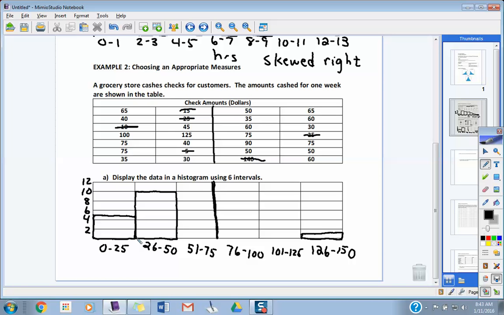Jacob, which one was your interval? 101 to 125. And how many checks were there? One of them, 101 to 125, was one. All right. Carson, 76 to 100, and how much was that? 4. 4 of them? Yeah.